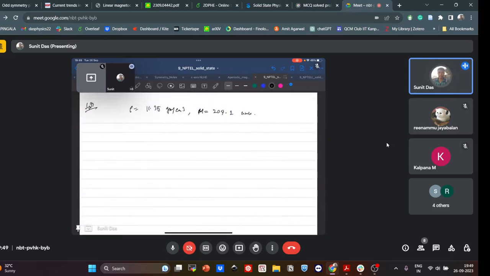So let's find first the volume, which is mass by density.